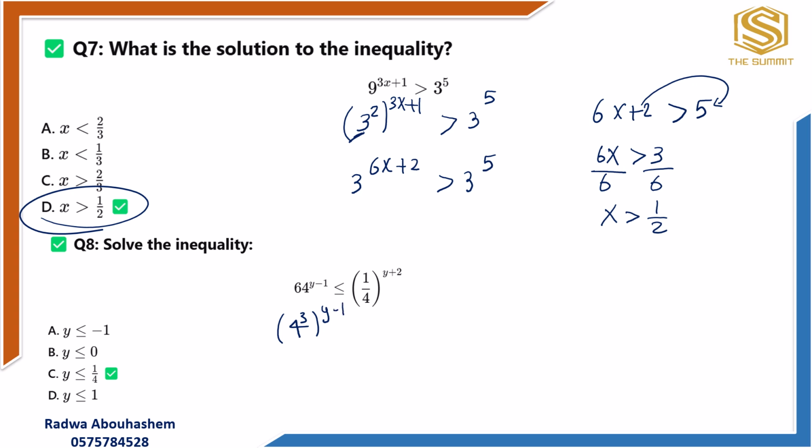The negative power converts to a fraction, right? So I have here 1 over 4, so this would be 4 to the power negative 1. So I have to multiply the negative here, so negative y minus 2. So 4 to the power 3y minus 3 equals 4 to the power negative y minus 2. Sorry, this is smaller than or equal.